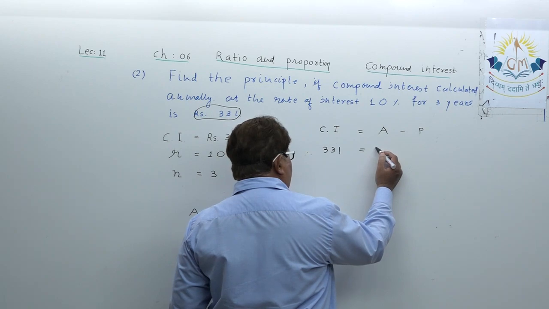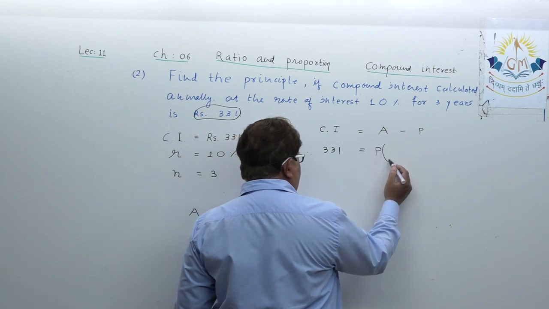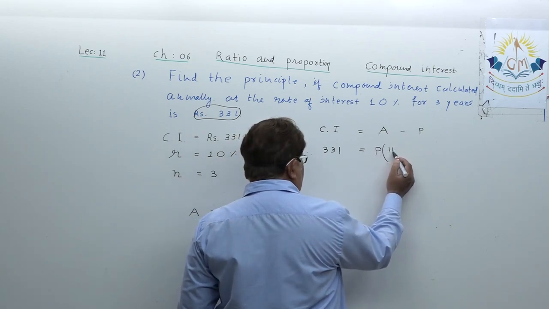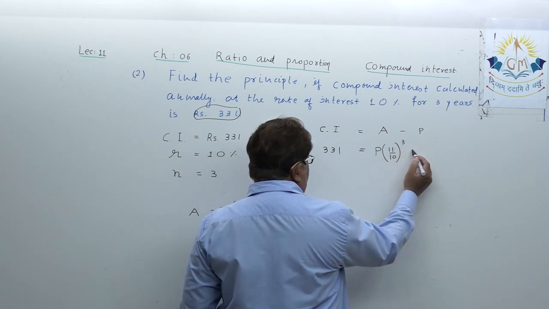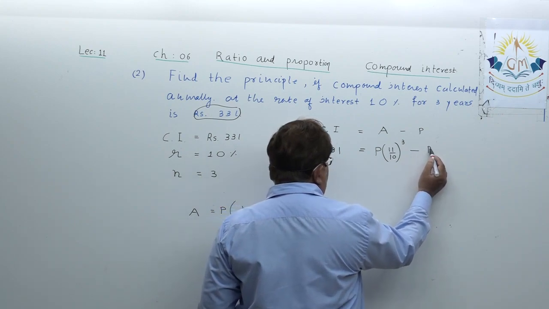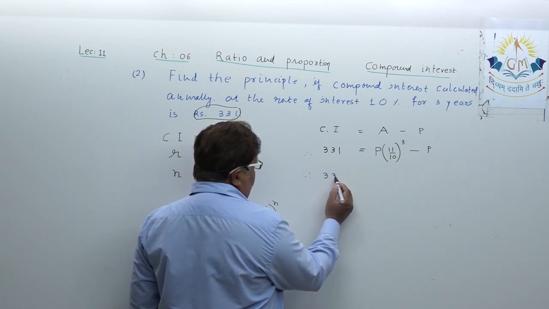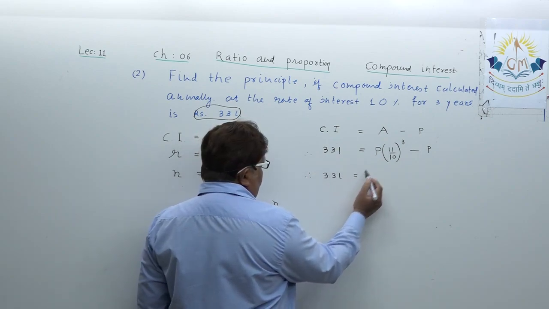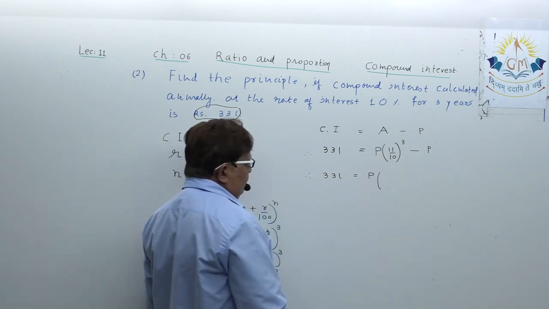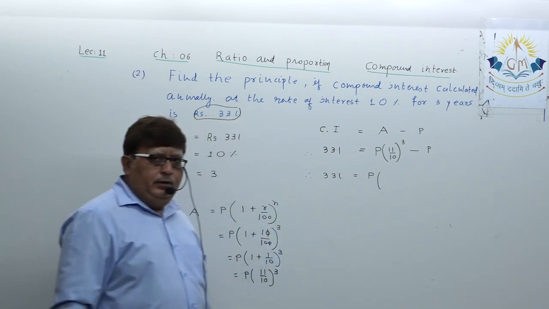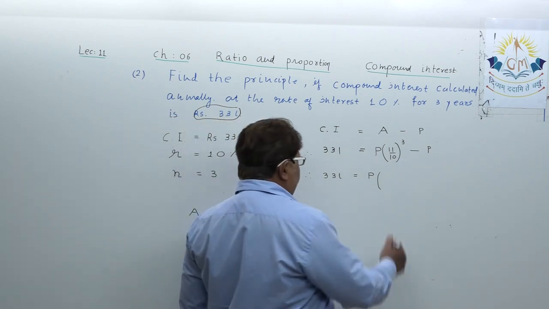In place of A, I am writing P into bracket 11 upon 10 raised to 3, minus P as it is. Okay. 331 equals P into bracket, dear student, 11 upon 10 raised to 3.